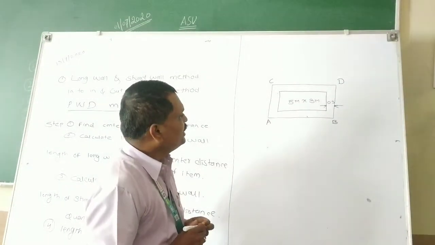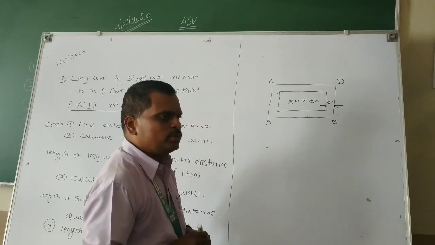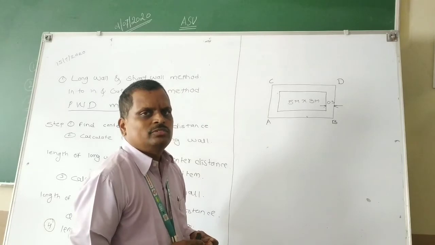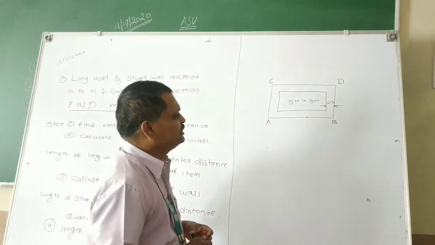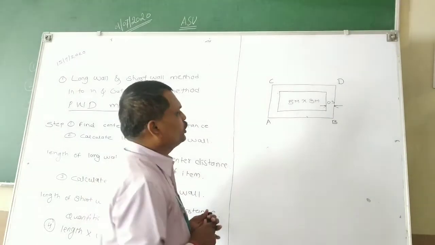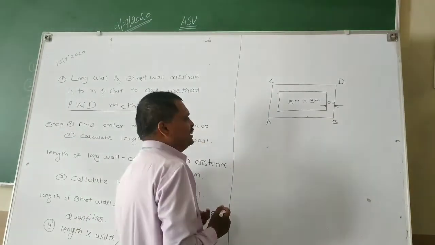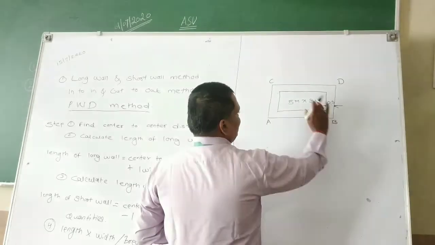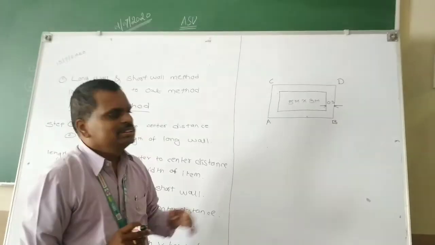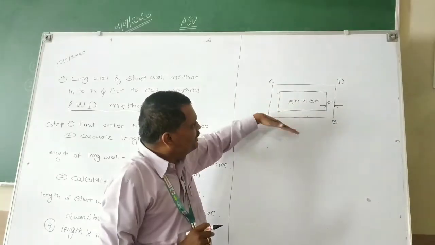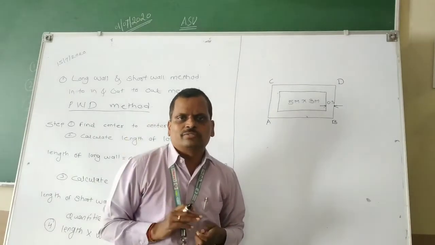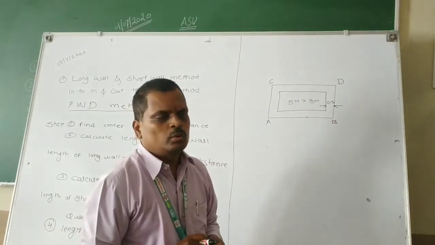Remember one thing while solving any type of problem using the long wall short wall method. First of all, we have to decide which are the long walls and which are the short walls. Here, always consider all the horizontal walls as long walls. Throughout your life, you have to consider them as long walls.